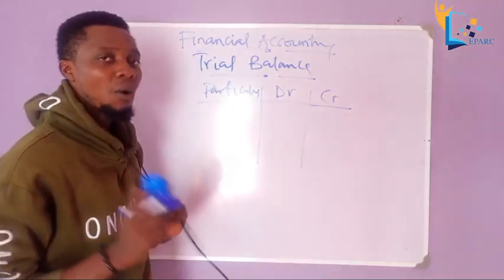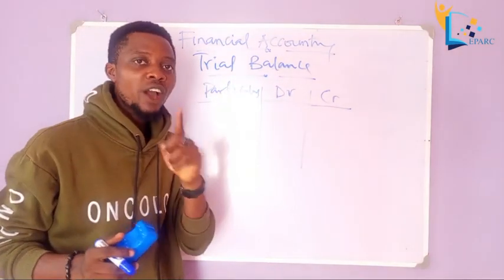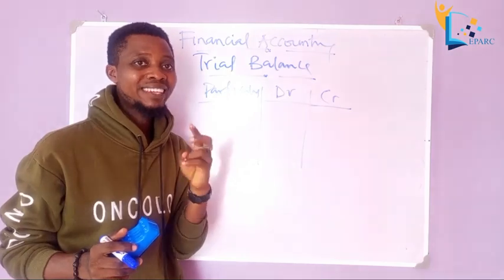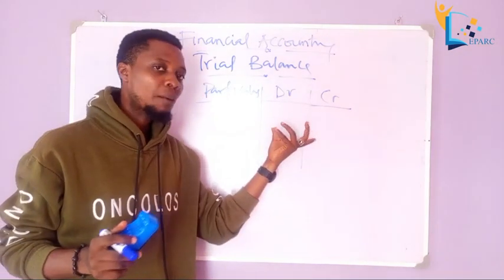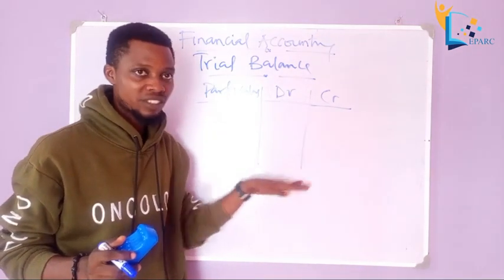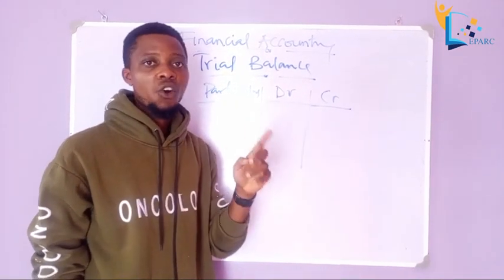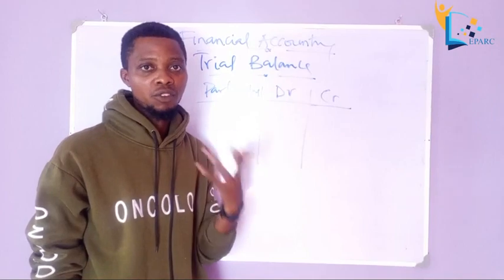However, your entries in the ledgers or your final balances from the ledgers can be wrong, and your trial balance will still have the same figure and still balance. Your trial balance can balance, and your entries can still be wrong.